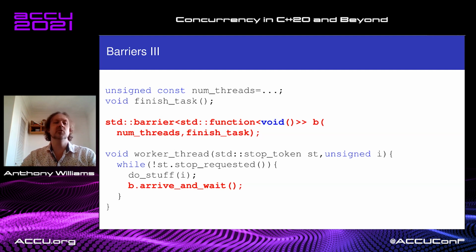Then when the barrier gets signaled, we loop round again. And if we haven't been asked to stop, then we keep going around. And then every time, when the last thread gets to arrive and wait, we call our finish task function before all the threads are released and ready to go around again.